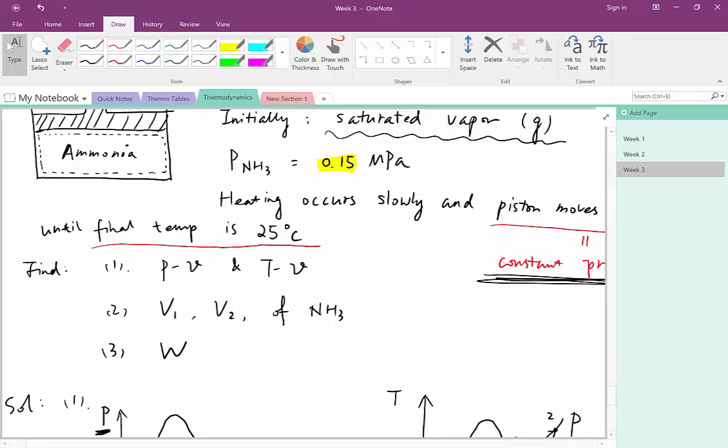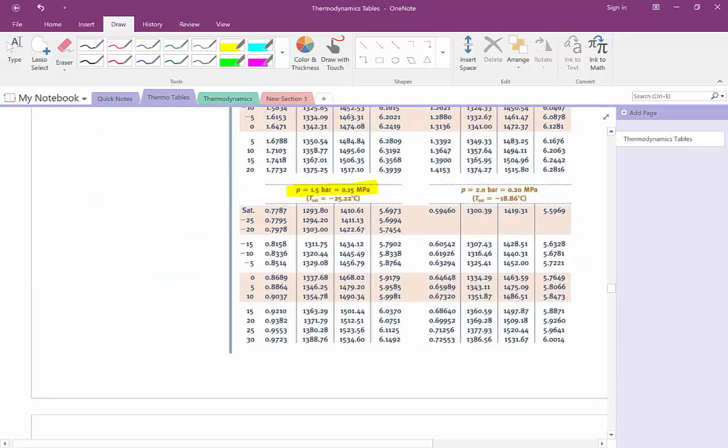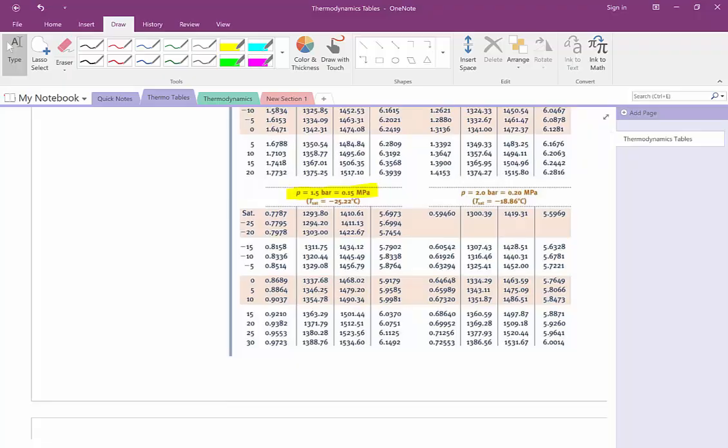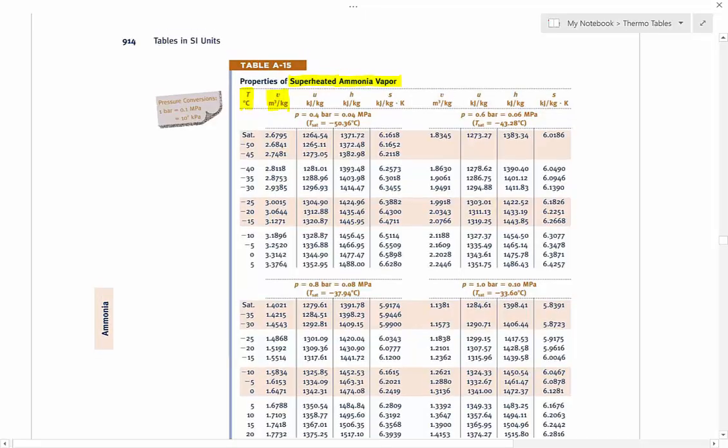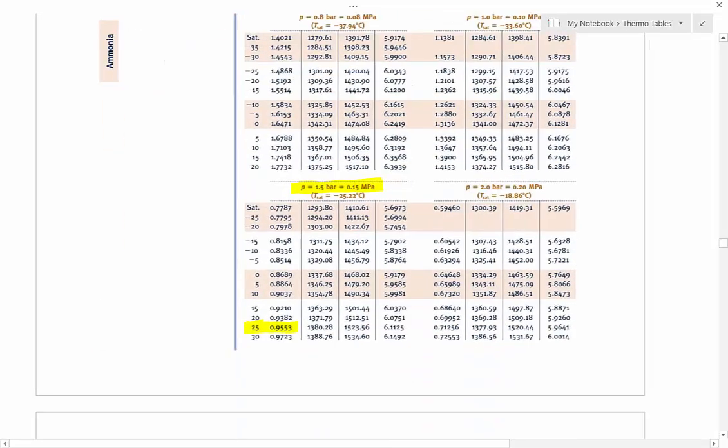So now let's go back to the table. We know we're looking at this block. And then we know the first column is temperature. My final temperature is 25 Celsius. So 25 Celsius is here. So I should be looking at this row, starting from 25 Celsius. What is the corresponding nu? Which column is nu again? The second column is nu.